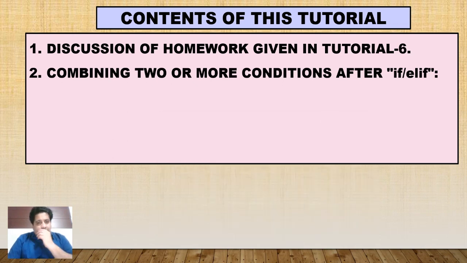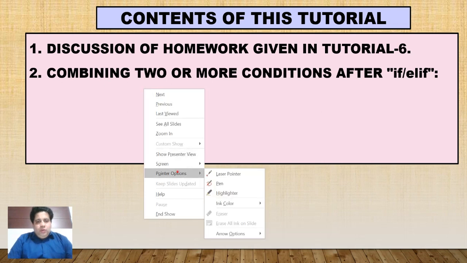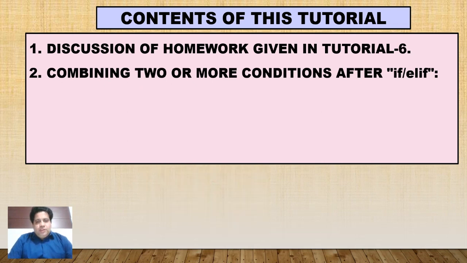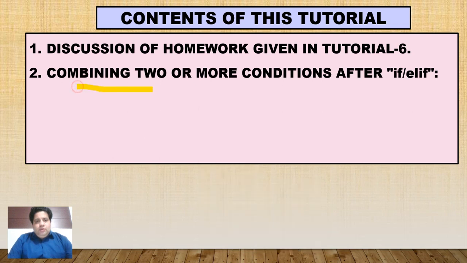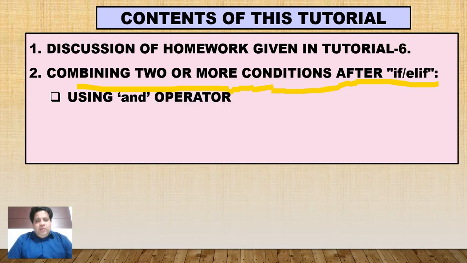Then we will learn how to combine two or more conditions after if and elif. Till now we have been giving only a single condition after if, else, elif. Then we will learn this can be done using the AND operator or the OR operator.